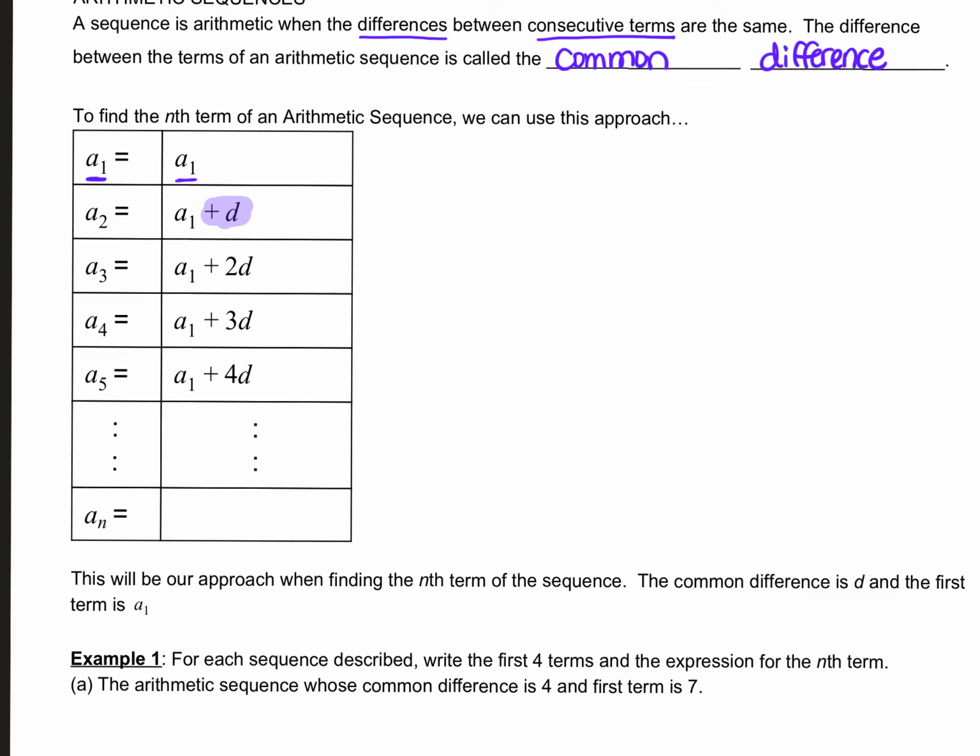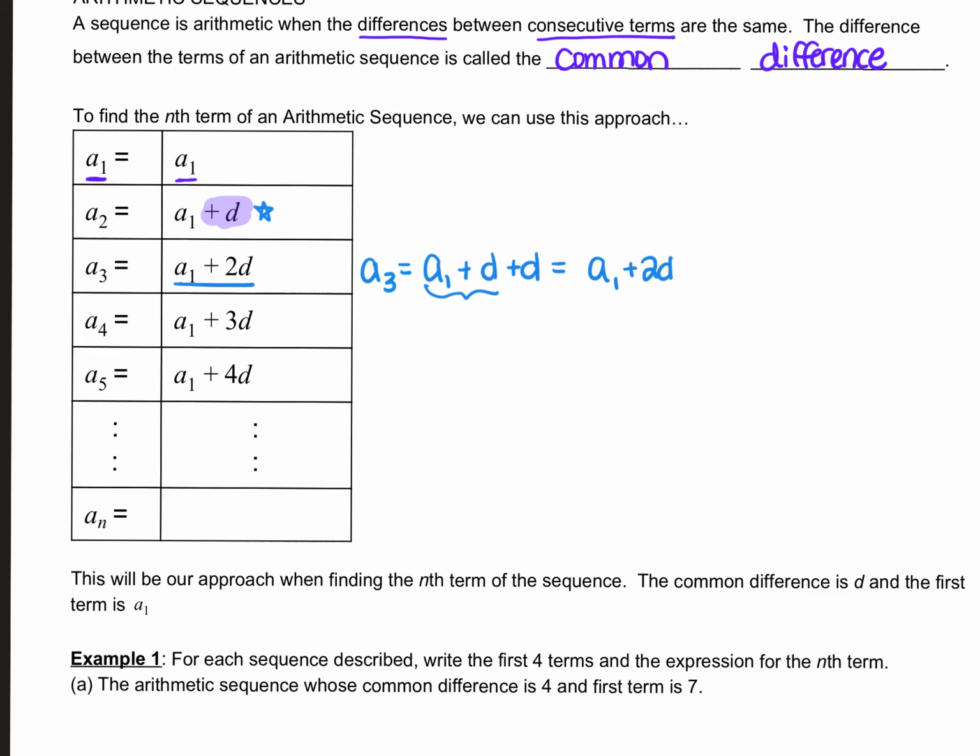Now to get a sub 3, we take the previous term, a sub 1 plus d, and add d on again, which simplifies to a sub 1 plus 2d.